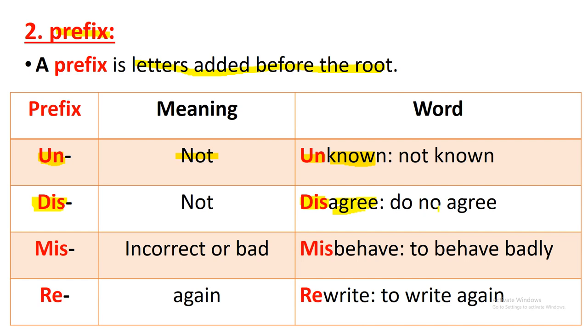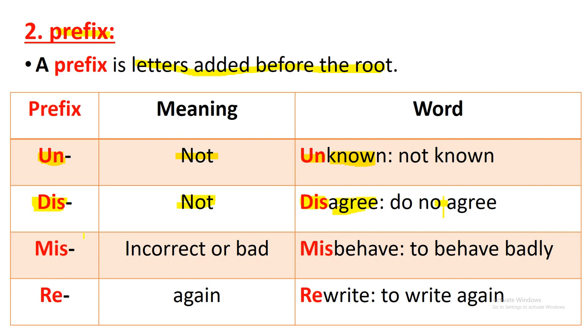Do not agree. So the prefix dis here has the same meaning, which is not. So I have two prefixes, un and dis. Both of them have the same meaning of not. For example, unknown, not known, disagree, do not agree.